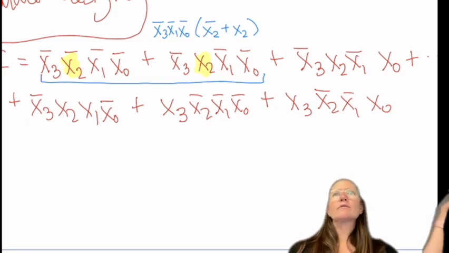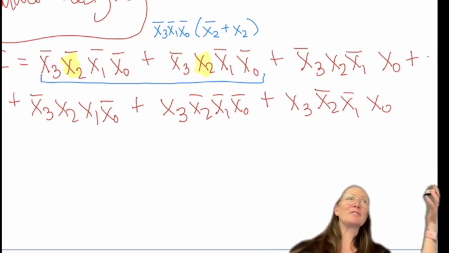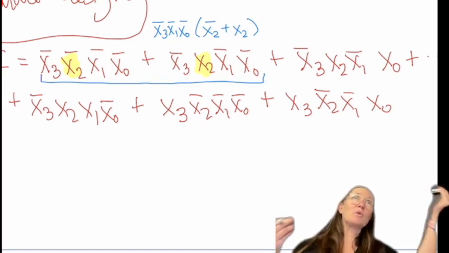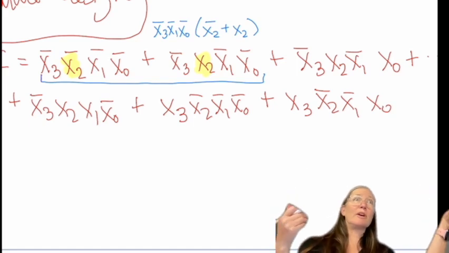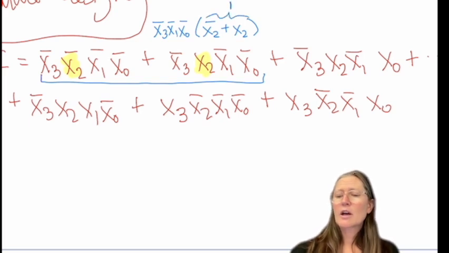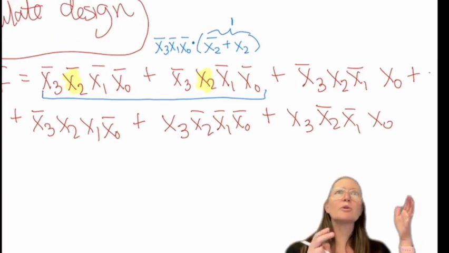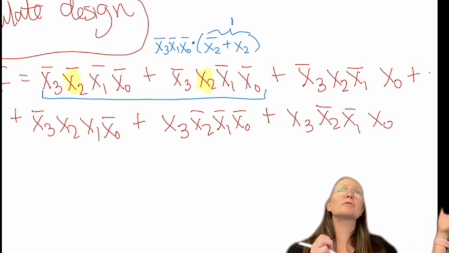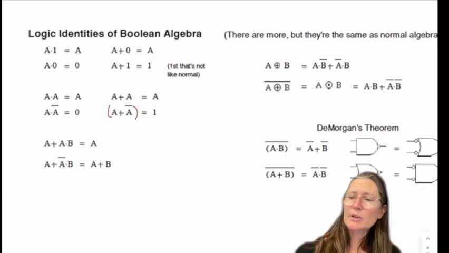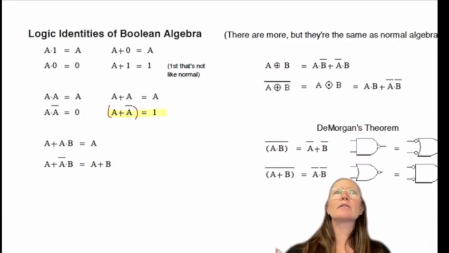If I have the variable ORed with the opposite of its variable, what would it be? It's always going to be true, right? Because if it's 1, the other one's 0, so I'm always going to have a 1. And then 1 ANDed with any variables is always also going to be the variables, because it's going to depend on what their values are. So that is what these properties mean. When I have A or A bar, it's always going to be 1.